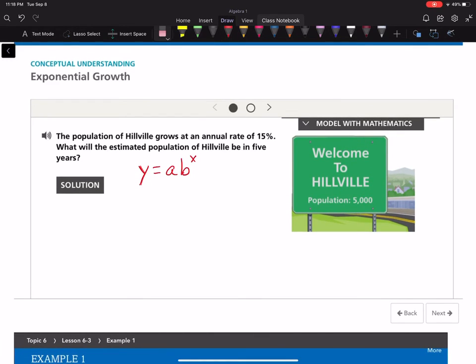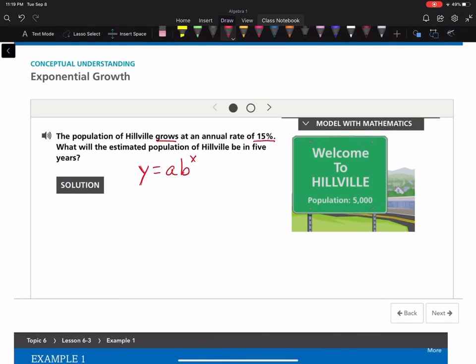Okay, so this is basically the same type problem, except we have a growth rate this time. We're growing, and we're growing by 15%. So we're going to change this up just a little bit. Not much, okay? Just a little bit. And we're going to change this to where we include the growth rate.